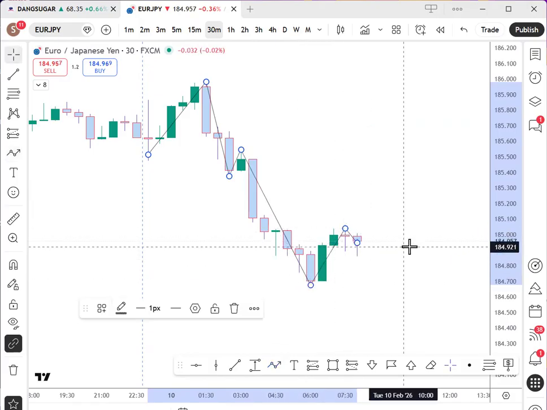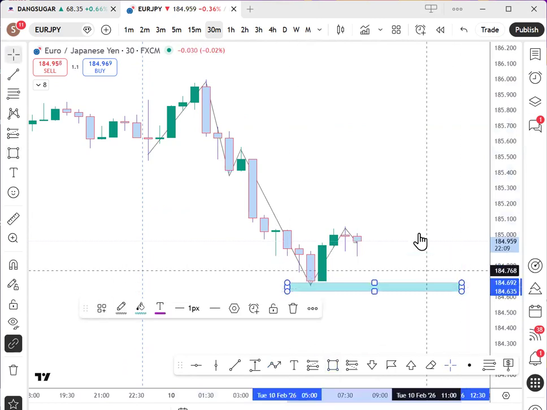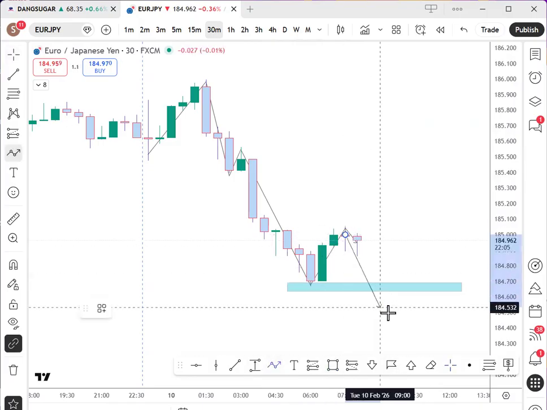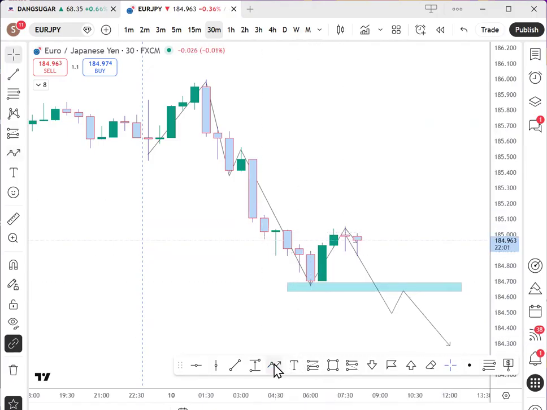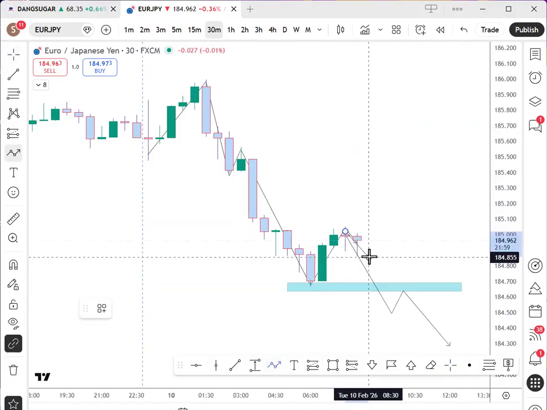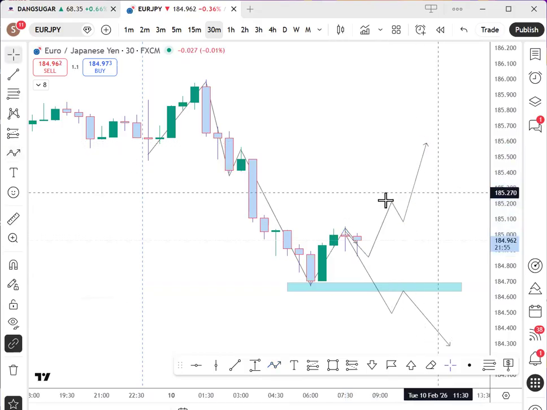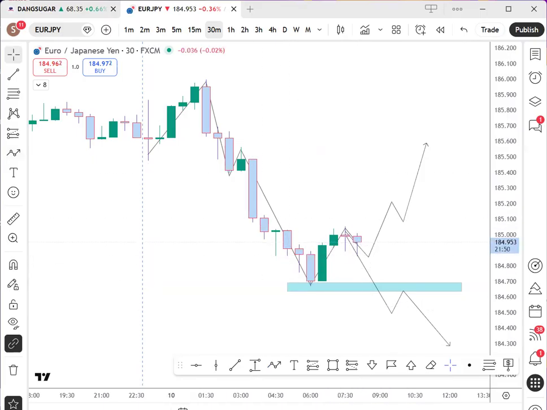It's somewhere here now. So what do you expect to see price do? You want it to either break below and continue downwards, or you want to see if it's going to actually just break these highs here and then continue going up. There's no hard rule.